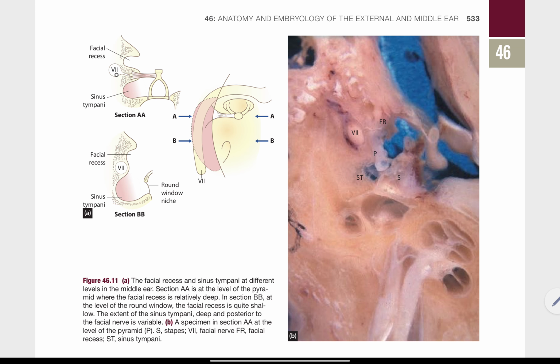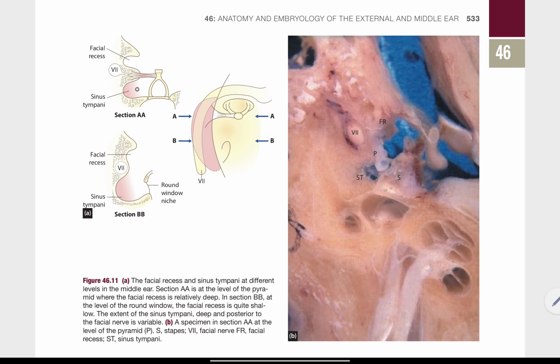Facial recess, seventh nerve, sinus tympani. Section AA: facial recess, seventh nerve, sinus tympani, round window niche. A, A, B, B, seventh nerve.